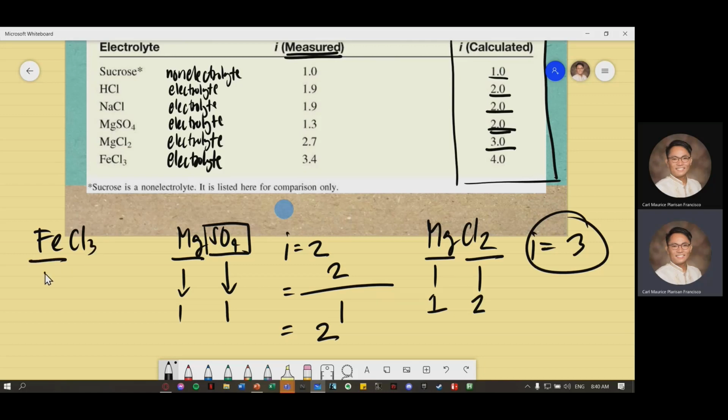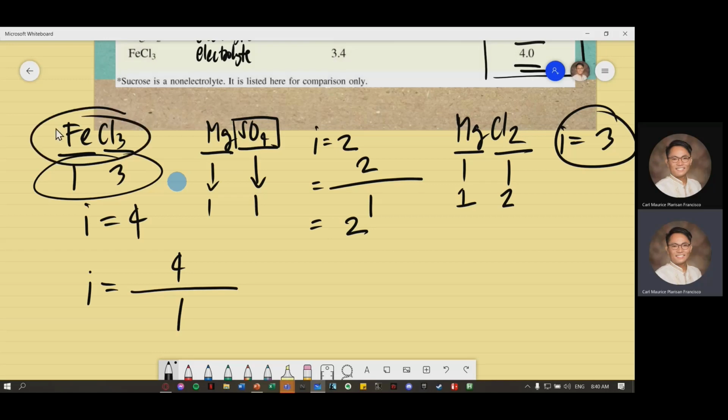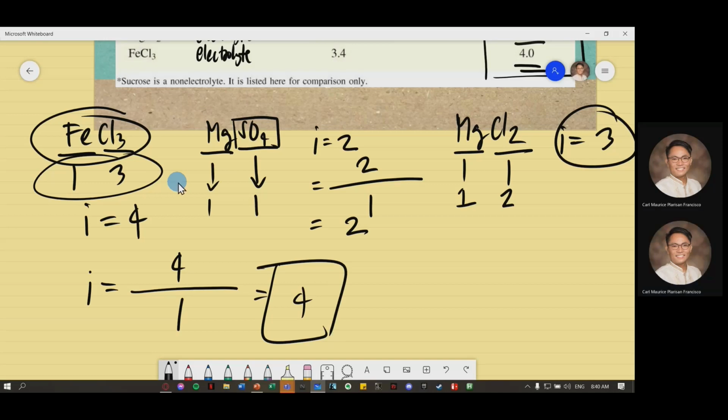FeCl3, we have 1 iron and then 3 chlorine. Van Hoff factor is 4. Or using the equation for the Van Hoff factor, the dissociated materials are 4, all over 1, because the initial is FeCl3 being 1 formula unit, we have Van Hoff factor 4.